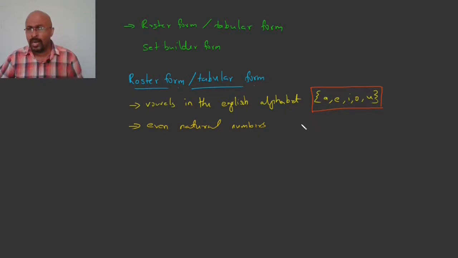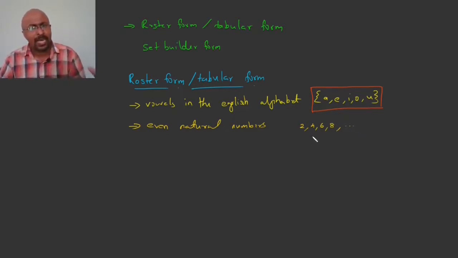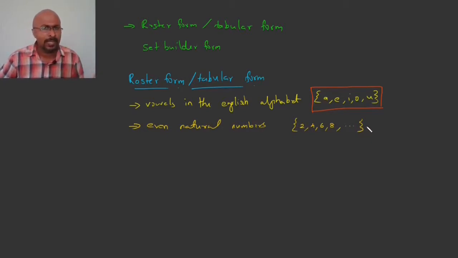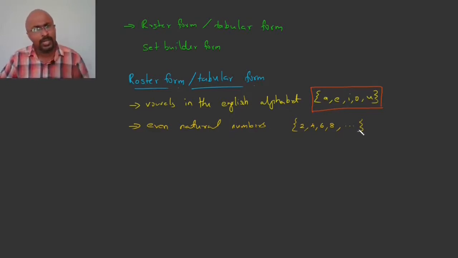We know they are 2, 4, 6, 8 and they will continue up to infinity. So, we need to list the elements, separate them with commas and enclose them within braces. These dots represent that it continues up to infinity. So, we can represent a set in roster form like this.